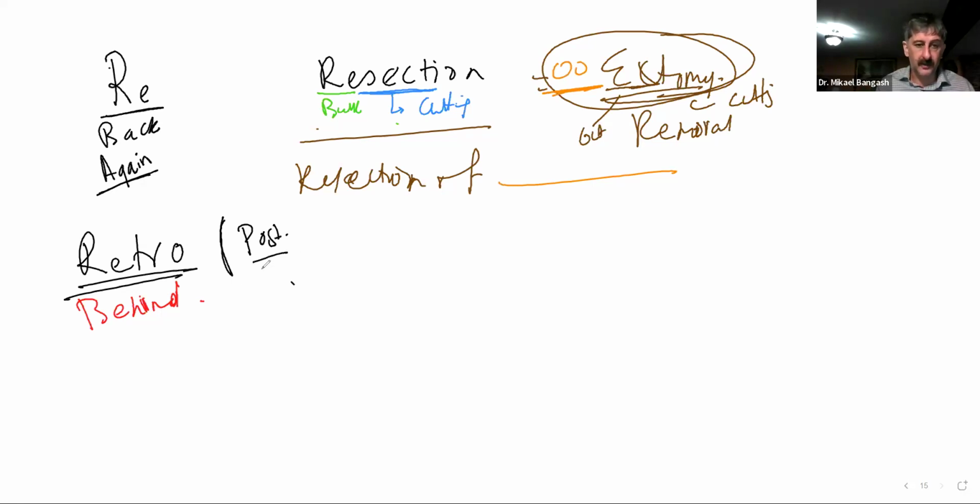Post means after, but it can also be used as a positional term and become behind. Just think of it, if somebody comes after me, that's because he or she is behind me. Or even in terms of time, post, something that comes afterwards.